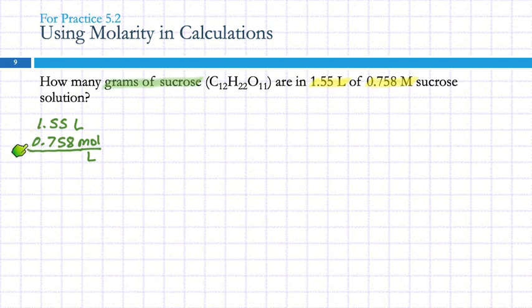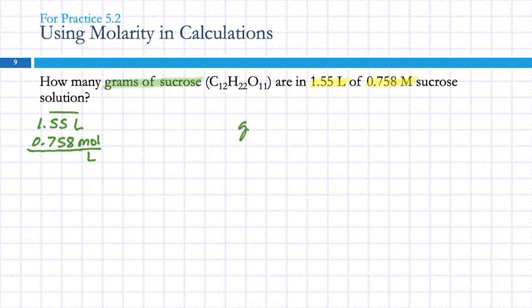So here we're given 2 numbers to start with, and we need to come up with grams of sucrose. So this is dimensional analysis. We need to figure out how we are going to get from these numbers to grams of sucrose. Well, we have to choose which one we're going to start with, and almost always we're going to start with the one that does not have per units.